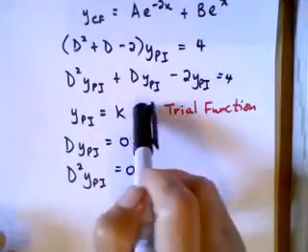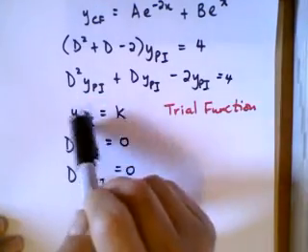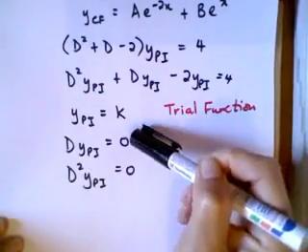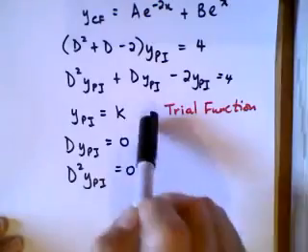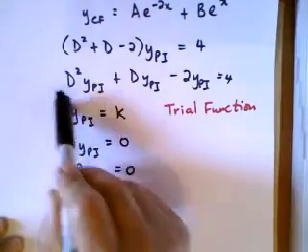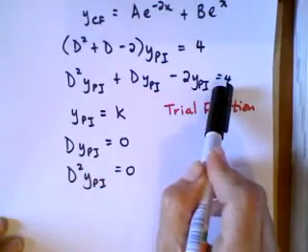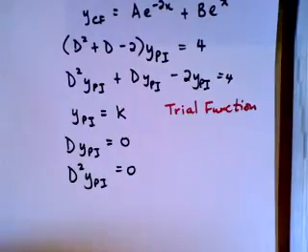Okay, so now that we've got a form for y_p, and we've got the first derivative and the second derivative, we can now take these values and substitute them into our equation in order to find a value for k.